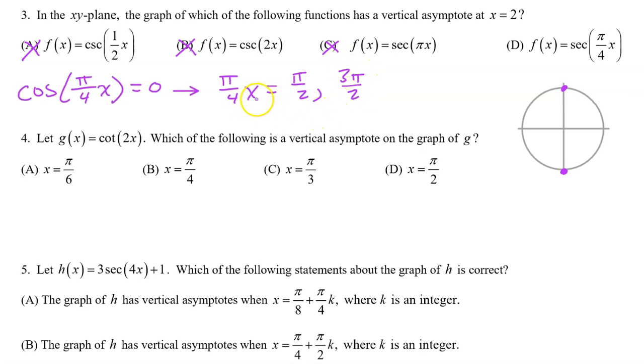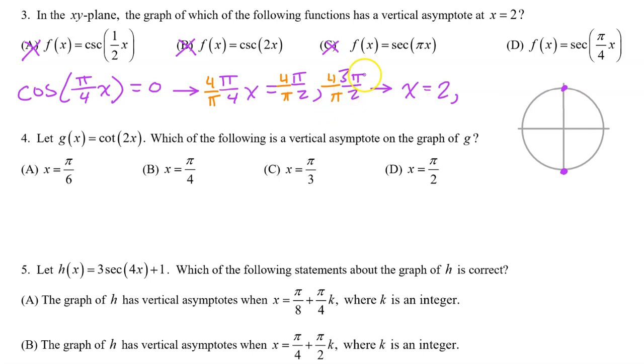We can isolate the x by multiplying by the reciprocal right here. So we will multiply everything through by 4 over pi. On the left side, the 4's and the pi's cancel each other out, leaving just x. Then, on the right-hand side, these pi's cancel each other out, leaving 4 over 2, which is 2.